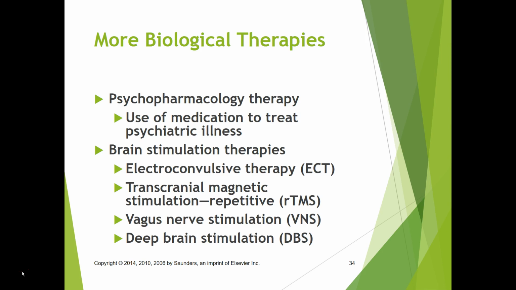So other biologic therapies, psychopharmacology. That's the use of medications to treat psychiatric illnesses. I did not give you chapter 3 as an assigned reading. However, as we go through some of the other different mental illnesses through the rest of the learning plan chapters, we are going to be looking at different types of medications that are used.